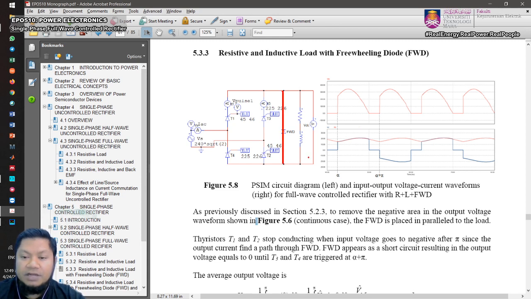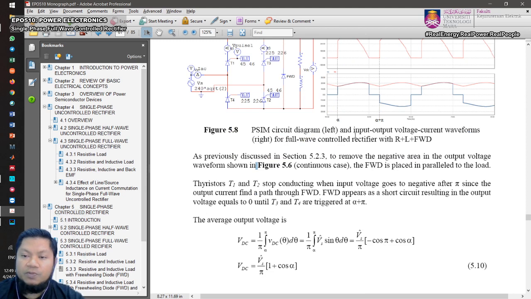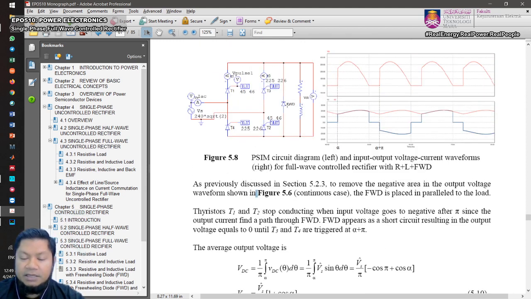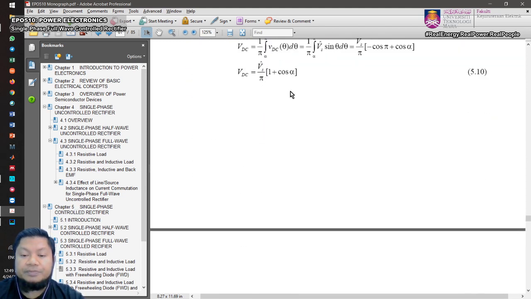When the diode is on, it appears as a short circuit, and therefore your negative area here will be removed because the voltage becomes 0. Therefore you have more available output voltage if you place the freewheeling diode in parallel with the load.